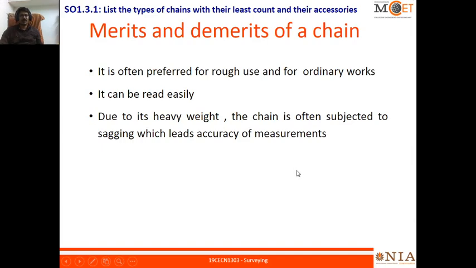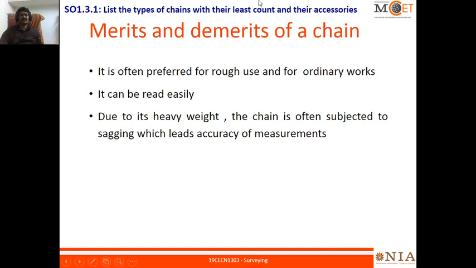Everything will have its own merits and demerits. The chain is often preferred for rough surfaces. Since it is made of steel, we can use it roughly, we can throw it, we can drag it, and for any ordinary work also we can use it. Even in forest or rugged terrain we can use it.